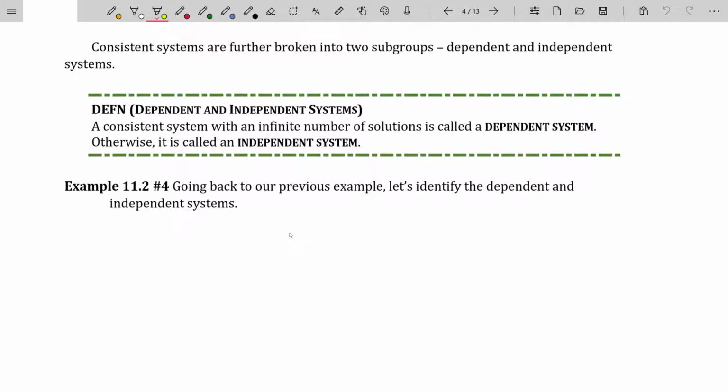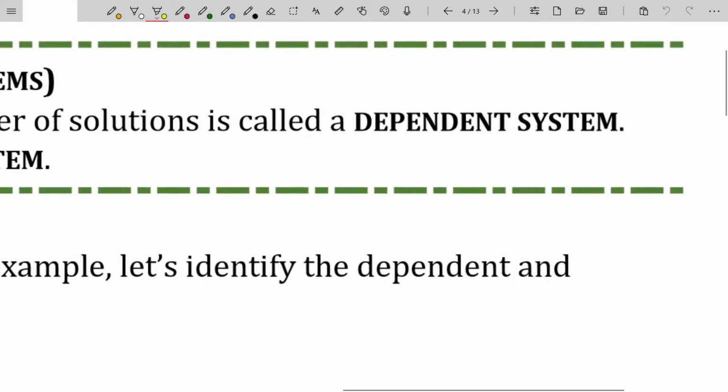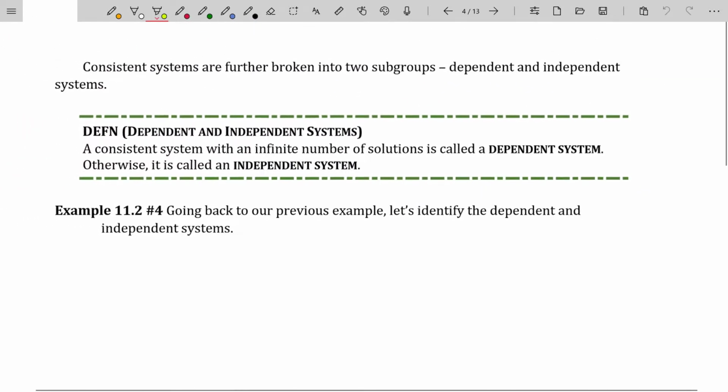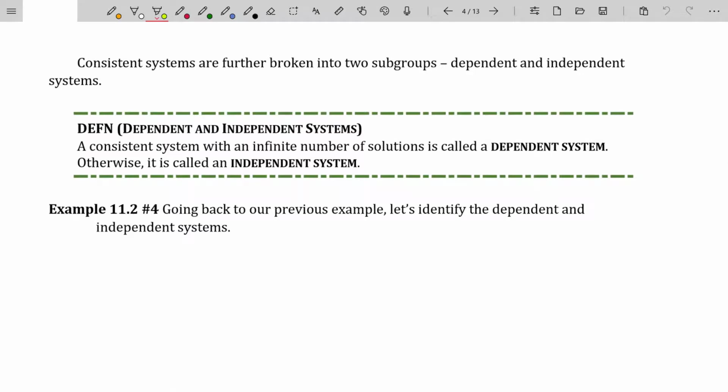However, it's very hard to find a good, clean definition that involves dependent equations and independent equations. So we'll just use this. So a consistent system with an infinite number of solutions is called a dependent system. Again, it really should be called a consistent system with dependent equations, but that's okay. We just call it a dependent system because most people do, even though it's actually not correct.